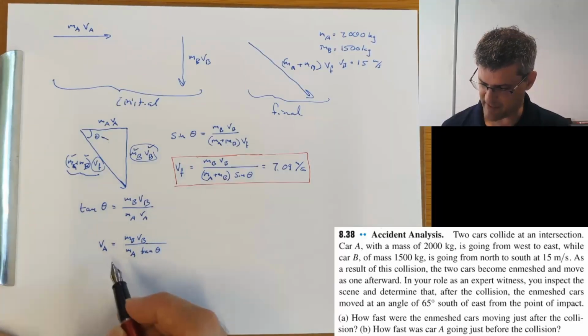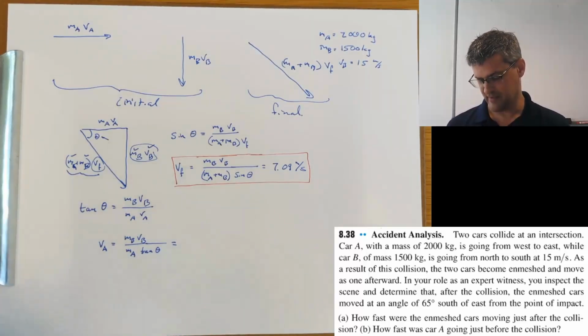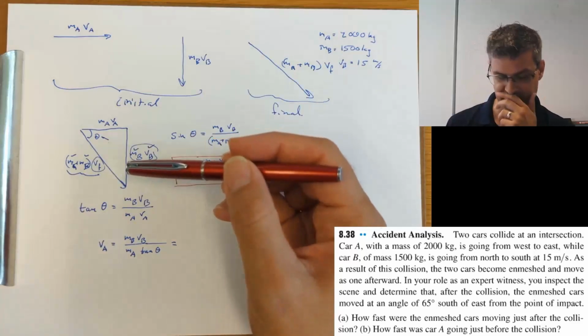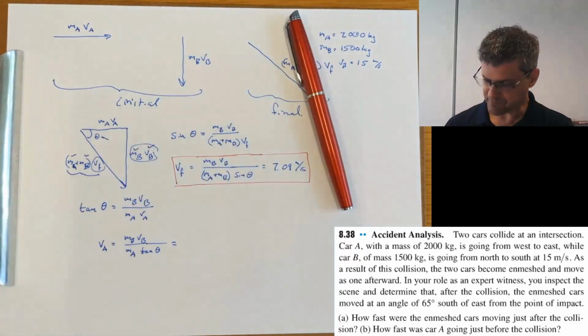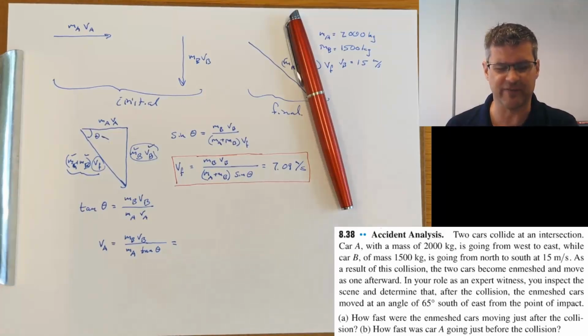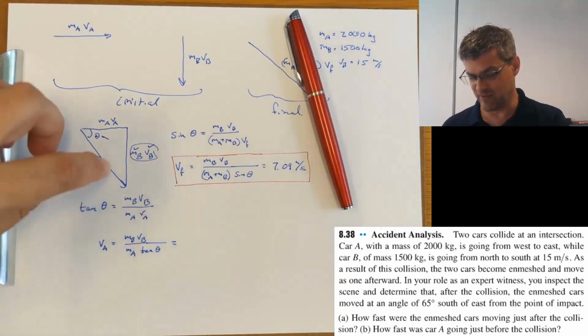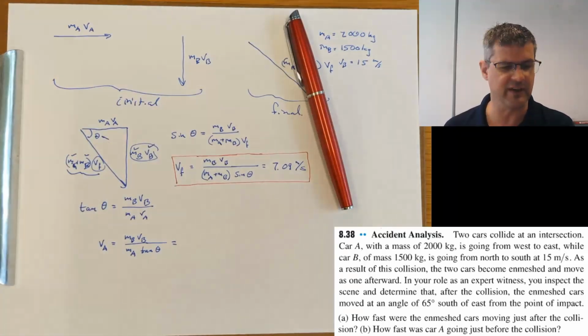And maybe this is not the way it is proposed to be calculated in the problem, because there's lots of things you can do with trigonometry. You could do Pythagorean theorem stuff, whatever you want. But this is still a perfectly valid way of finding out what the initial velocity is needed to get this angle after the collision. So let's go back to our calculator.